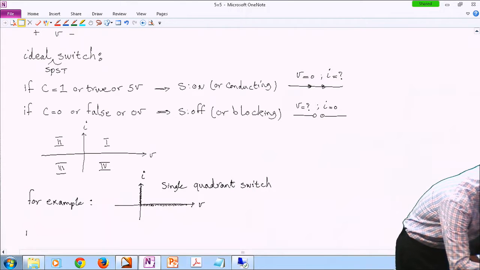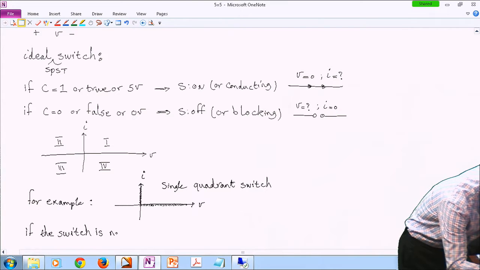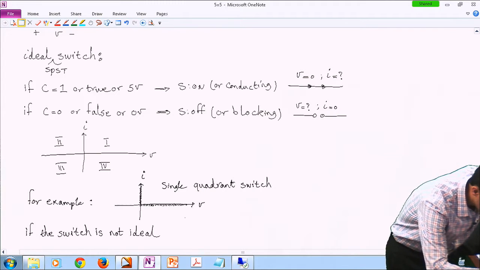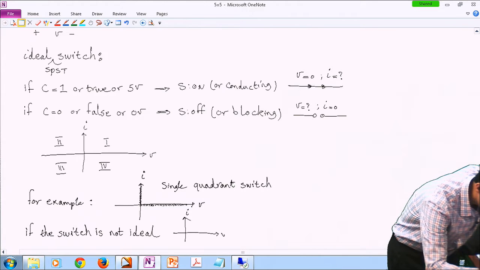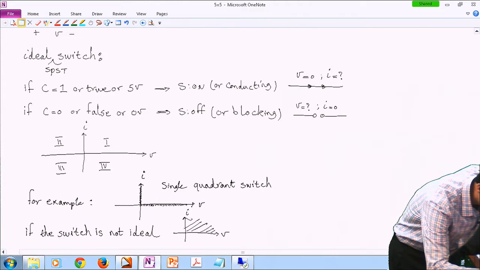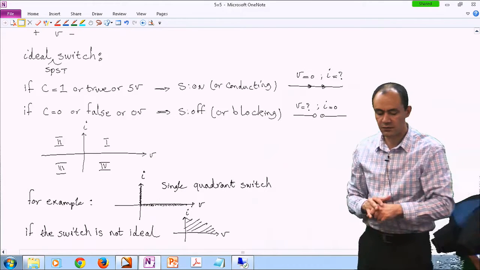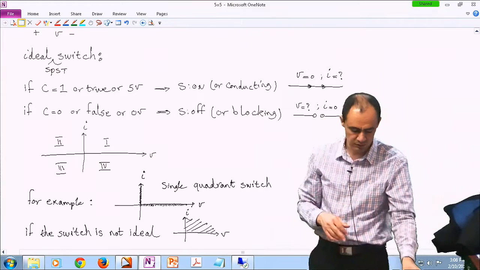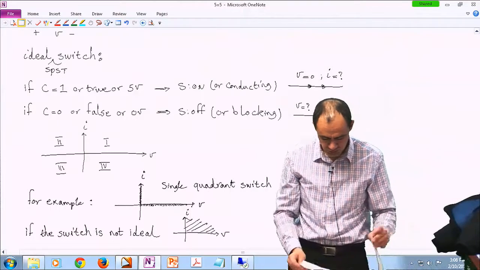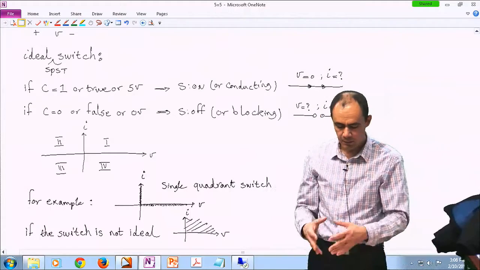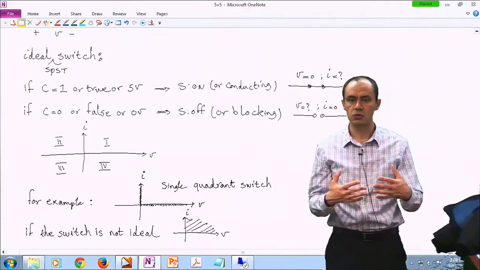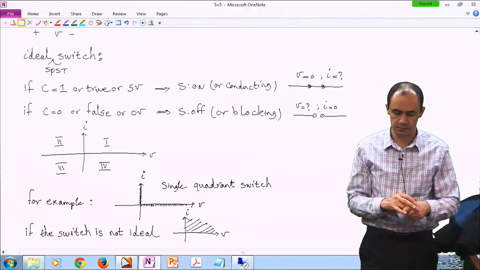However, if the switch is not ideal, then in terms of the IV characteristic, if you're talking about the first quadrant switch, we may be somewhere off these axes. So that means if you multiply the voltage and the current of the switch, you get some number that is not 0. That means your switch is actually dissipating some power.